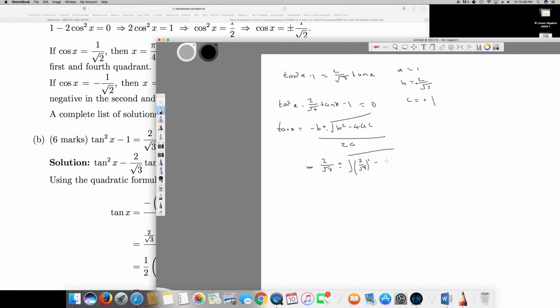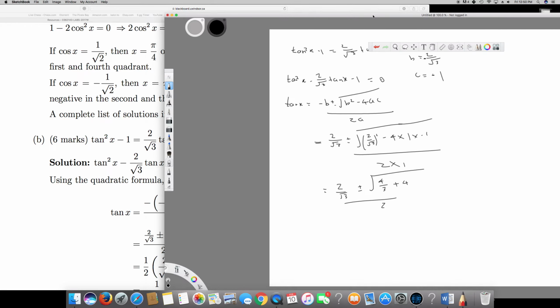So let's say 4 times a, which is 1, and c is going to be negative 1, over 2 times 1. Let's see what happens. So 2 over root 3 plus or minus. 2 over root 3 whole square is going to be 4 over 3, minus 4 times minus 1, which is going to be plus 4, over 2.